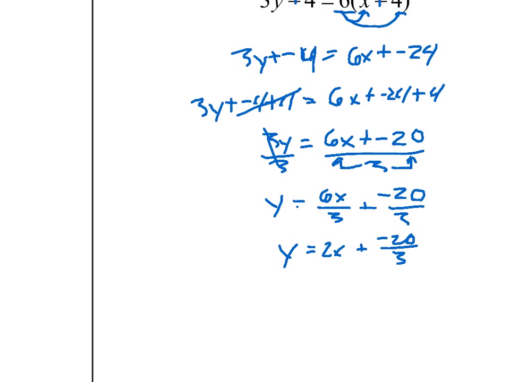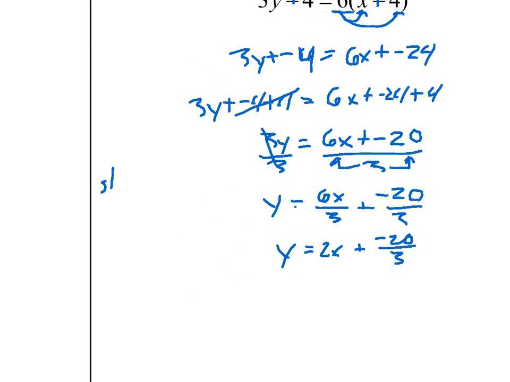What's our slope? Sammy. 1 over 3. Wait, no. 2 over 1. 2 over 1. And what is our y-intercept? What is our y-intercept? I'm waiting.